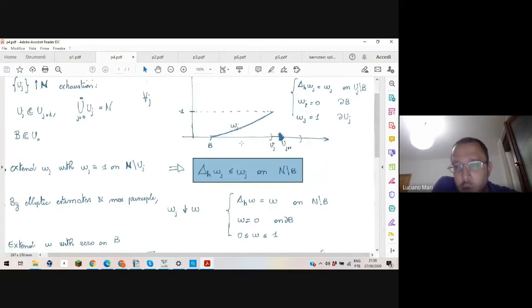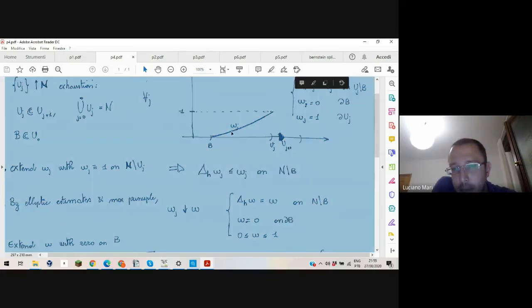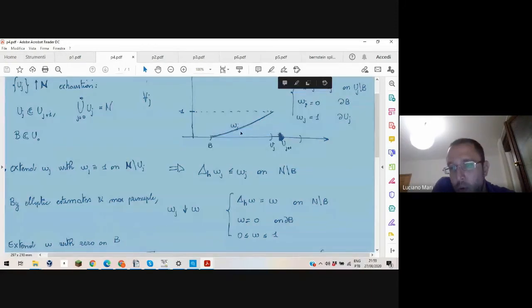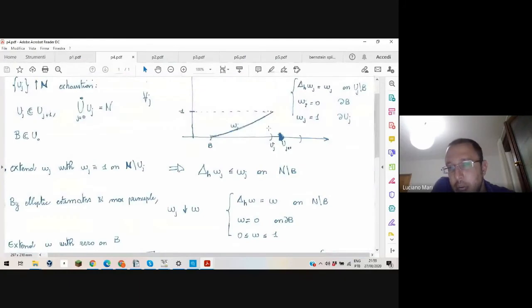Now, omega_{j+1}, here is U_{j+1}, and by the comparison principle, omega_{j+1} is below omega_j.